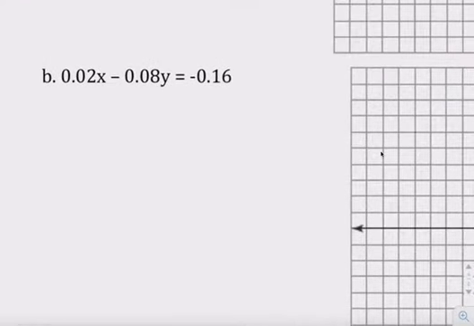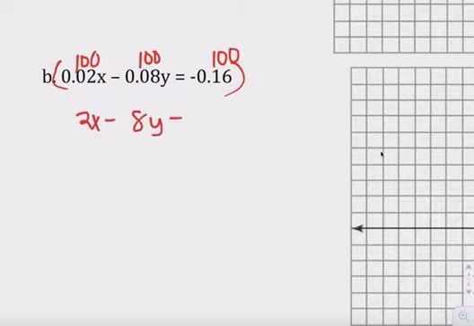Okay, let's see. If I multiply by 10, it won't get rid of the decimal. I'll still get 0.2. So I have to multiply by 100. Multiply this by 100. Multiply this by 100. So I get 2x. Use a calculator, you'll get 2 minus 8y equals negative 16. Okay, so you minus 2x, minus 2x.